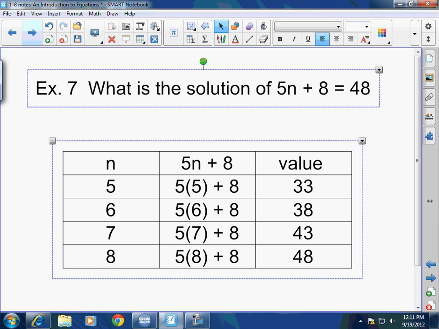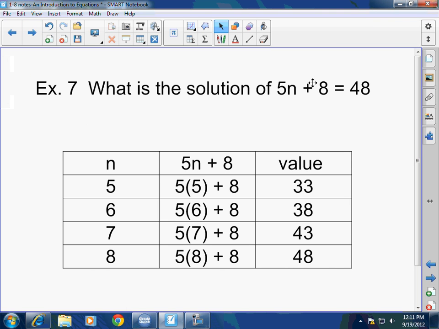Okay. Example 7. Using the table that I have provided here for you, gentlemen, what is the solution of 5n plus 8 equals 48? In other words, I'm looking for the solution. So remember, what is the solution?